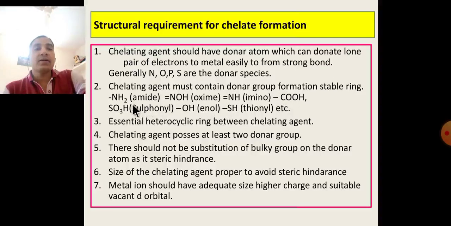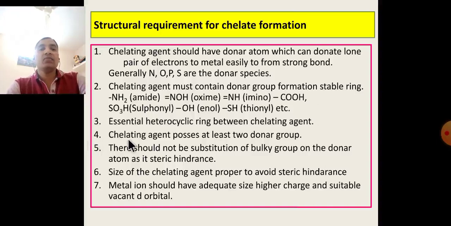Examples: amide, NH2; oxime, NOH; amino group, NH; acid group, carboxylic acid group; sulfonyl group, enol group, thionyl group, etc. Third point, an essential heterocyclic ring forms between the chelating agent and the metal, a chelating heterocyclic ring between the chelating agent and the central metal atom.